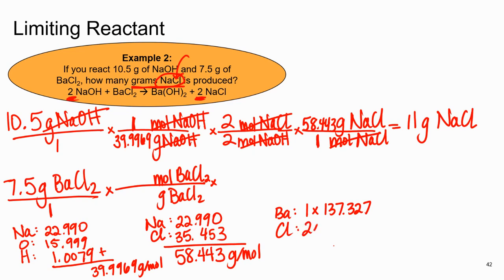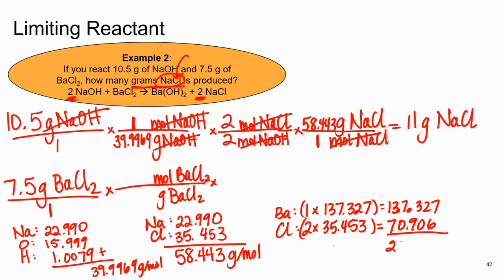But for chlorine, there's 2 chlorines. 137.327. That gives 208.233 grams per mole. So our 208 is going to go with grams because that's the number of grams that are in every 1 mole.